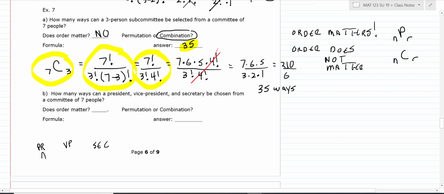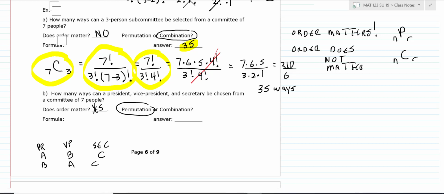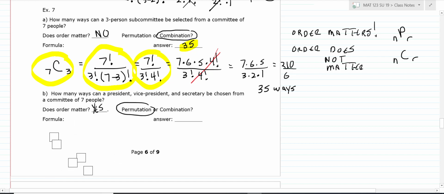So if we had ABC and then BAC, that's different. So order does matter. If you're assigning these people specific jobs, order matters, therefore it's a permutation. That's what you've got to understand. It's how to know which is which. All right, so this is a permutation.